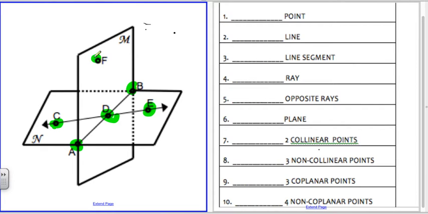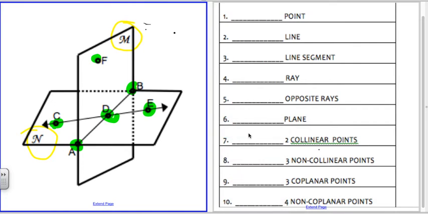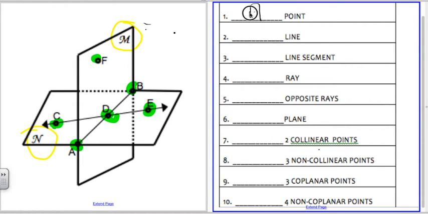Remember, all of those are capital letters, but remember those uppercase cursive letters do not represent points. So M and N here are not points. So if I'm going to list just a point, I know that I'm going to need just one of those capital letters. So for example, point A.